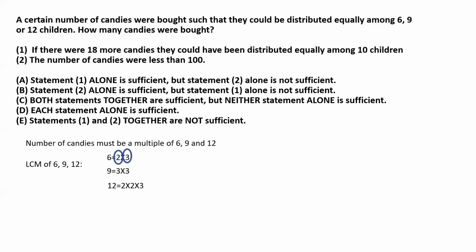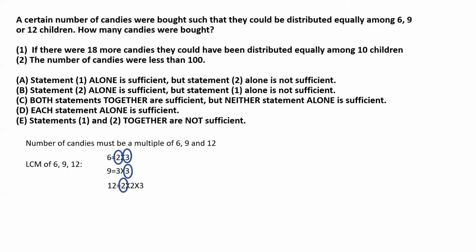Now we don't want to repeat a factor that has already been included. In this case, we just take one 3 because we have already included a 3 while considering the prime factors of 6. For 12, we have two 2s, but we have already included a 2, so we just take one 2 out of those, and we ignore the 3 because we already included 3 before.